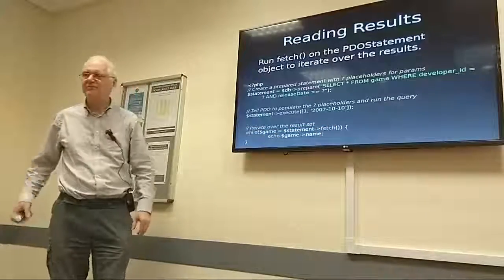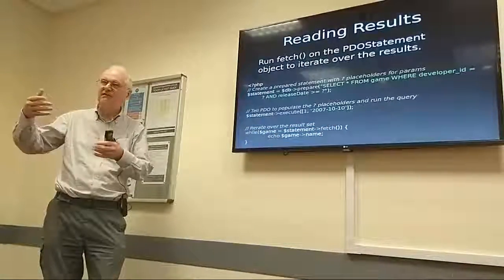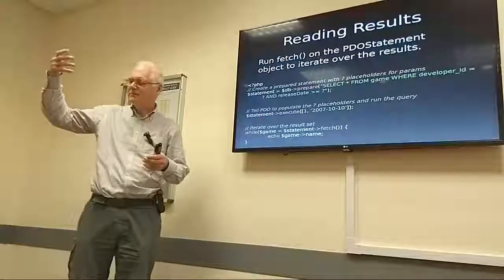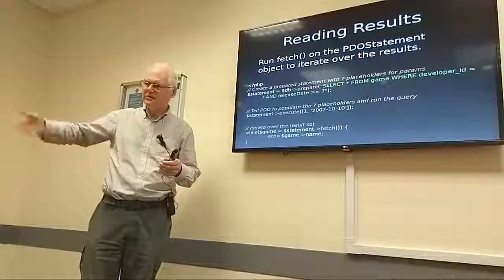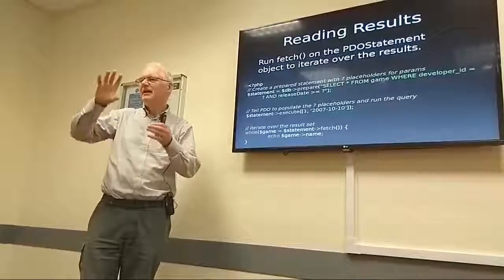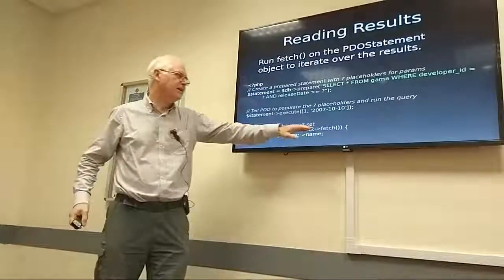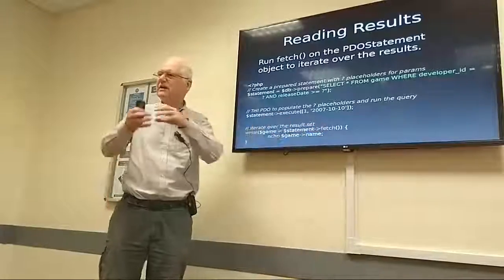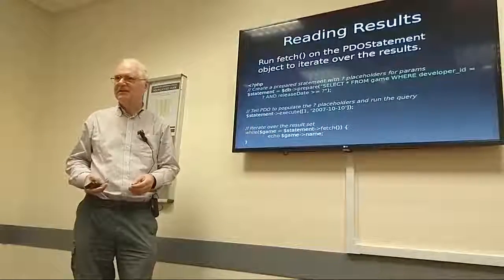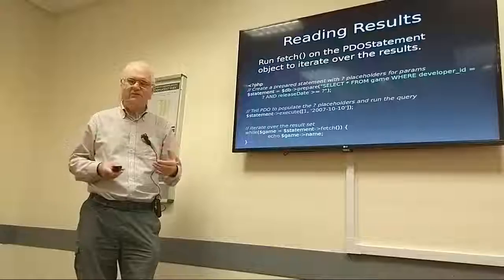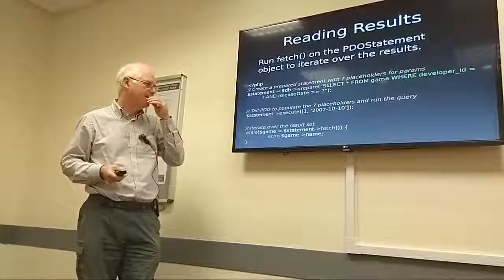Now statement fetch will get, think of the result coming back like last week we had a number of cars coming back in the query. Each block of data will come back with a fetch. So that fetch will get the next block of data, the next record that it's found through doing the query.